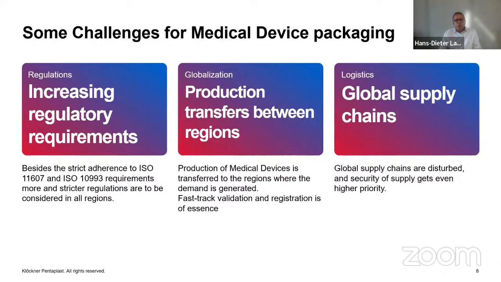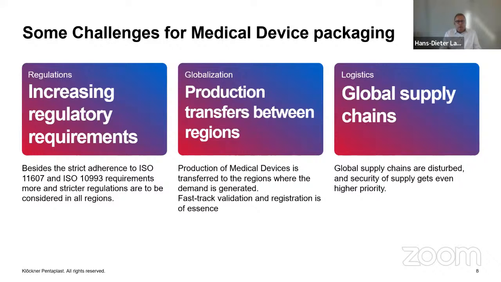Then we see more globalization. I would say medical device production is going east. There was a lot starting in the US, it moved to Europe and it moves to Asia, and it is produced at the place where the demand is. Which means if there are transfers, it's important, and we heard it already, time to the market is of essence, that fast track validation is possible.